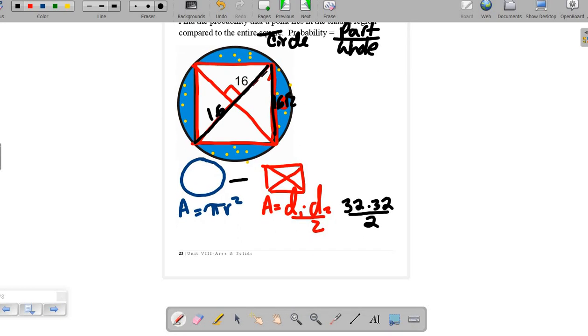The area of our circle is going to be 16 squared times pi. Now, because we're subtracting to get the shaded space, we have to get our decimal here.